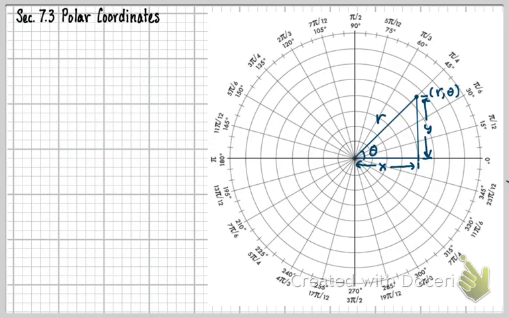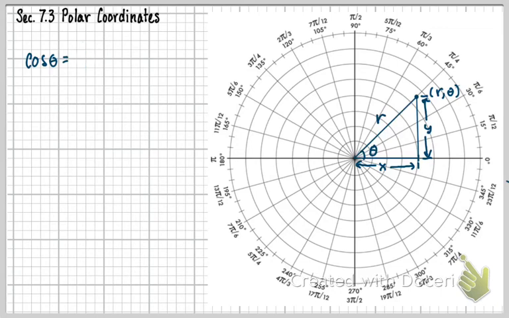If I think of the sine of theta or the cosine of theta, I could say the cosine of theta equals adjacent over hypotenuse. In this triangle, that would be x over r.